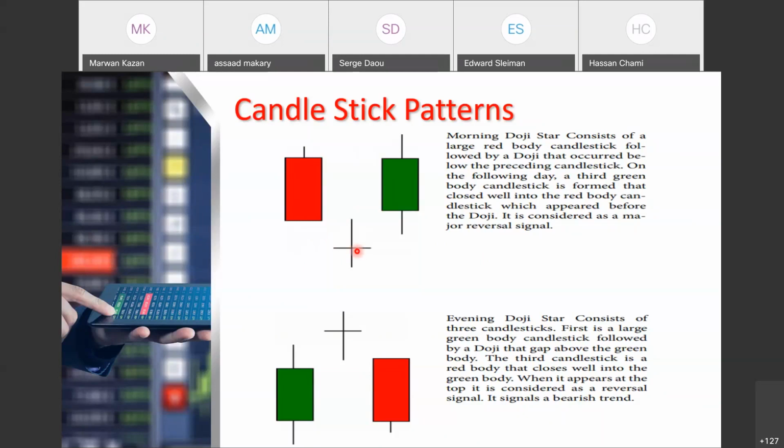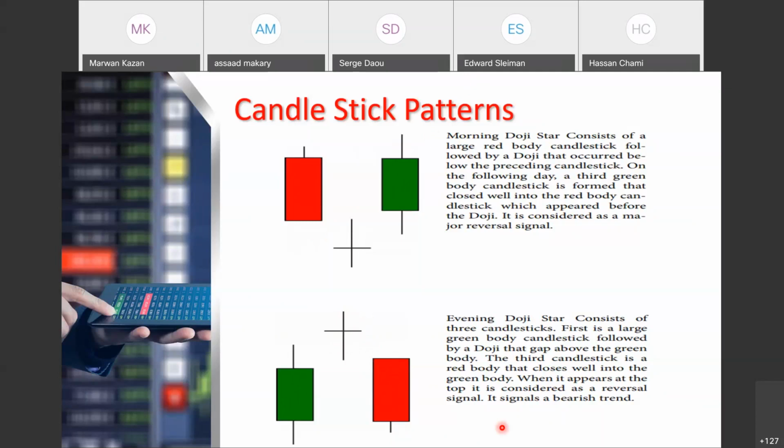The next day, it seems that people agreed that the price will go up, and so things are gonna go up. The evening doji star is the reverse: it's going up, then a doji, indecision, then people agreed, a red candle. So people agreed that it's gonna go down and it's going down.